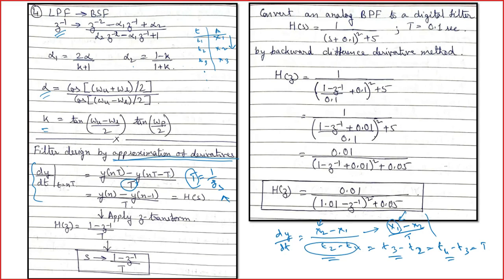So you don't know the future values. So the forward differentiation method is of no use in biomedical signal processing. So we will stick to the backward differentiation method, because it only takes the present input and the past input.